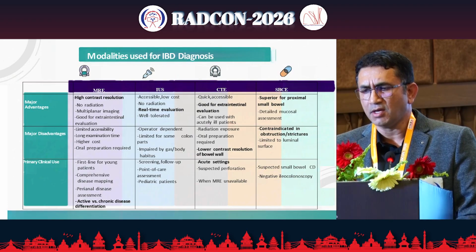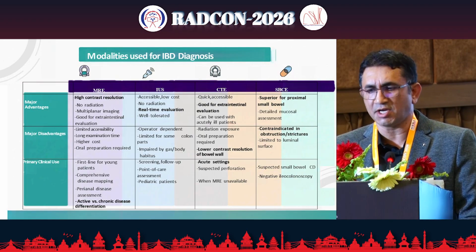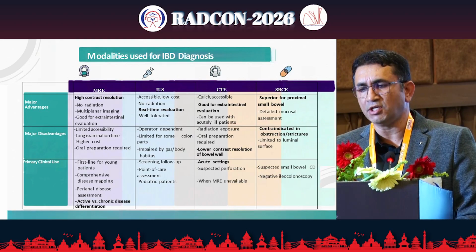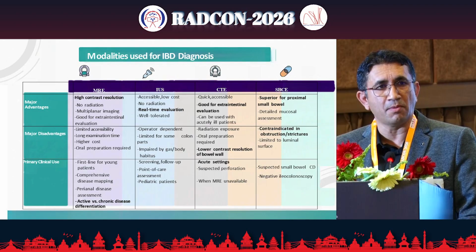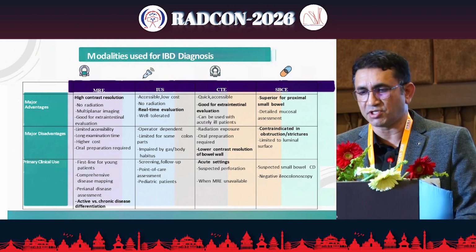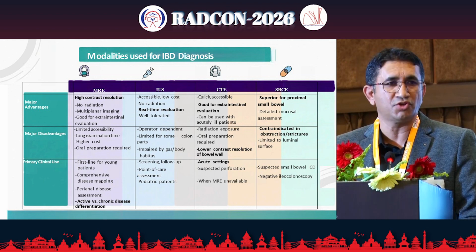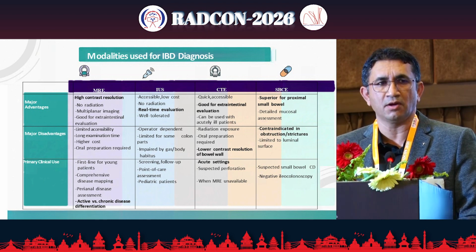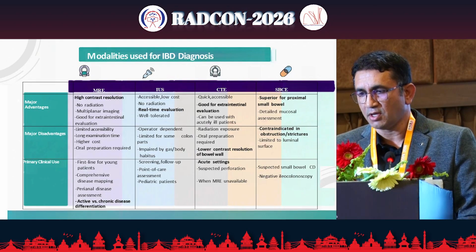CT, we do mainly in emergency cases, especially to look for extra-intestinal evaluation and for complications during the acute stage. Because of its poor contrast resolution of the bowel and high radiation exposure, we don't use it routinely.